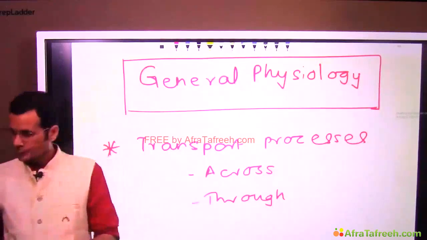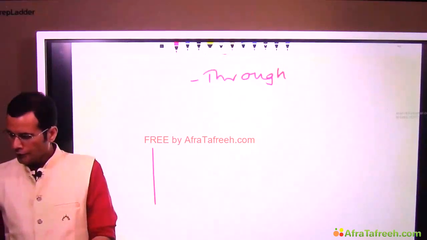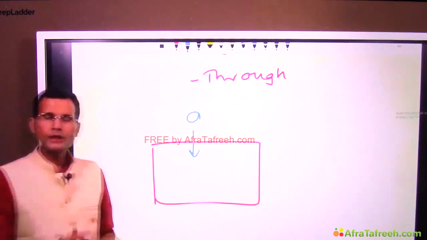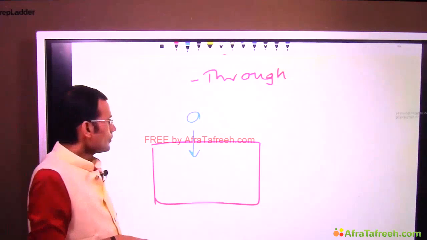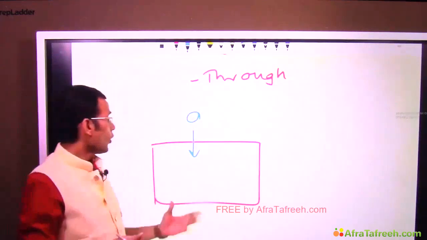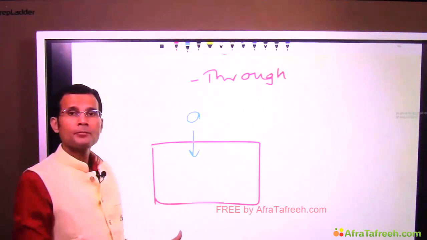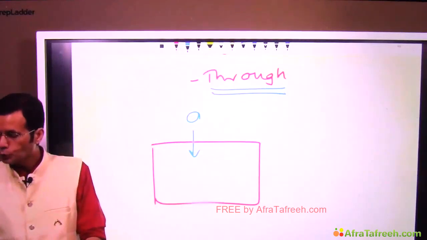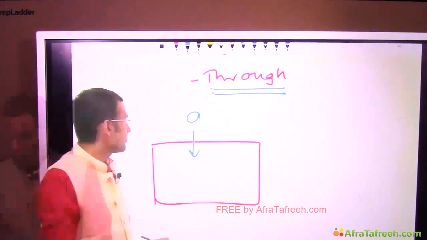What is the difference? If a substance is entering the cell or leaving the cell by invading or going through the membrane, it would be called transport through the cell membrane.